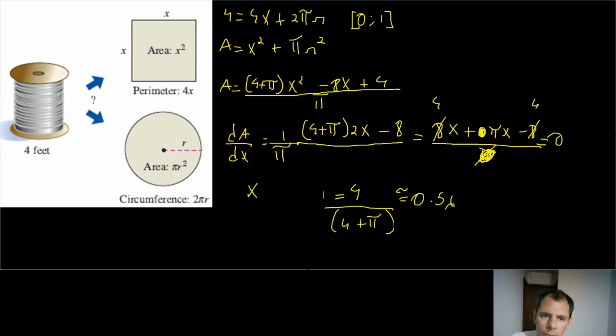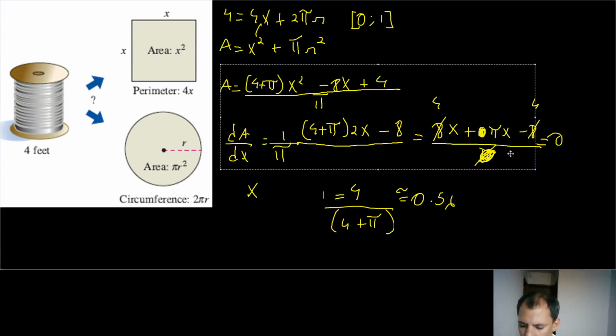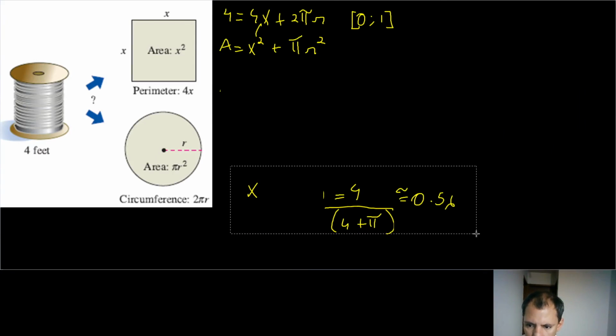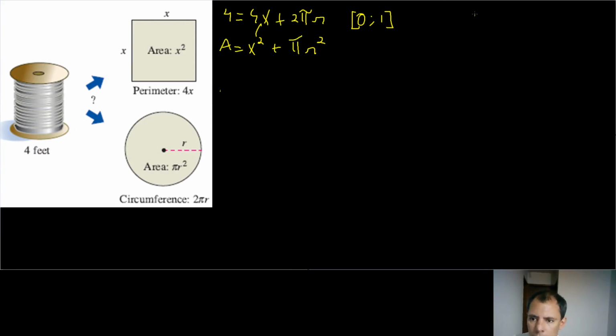So x equals 0.56. Does that mean that 0.56 you have to put it over here? No. Now you have to test it, right? Which one is going to give you the largest area? So erase this stuff. So we know that x is 0, and 0.56. So you have 3 x's here that you have to test, 0, 1, and 0.56. So let's see.